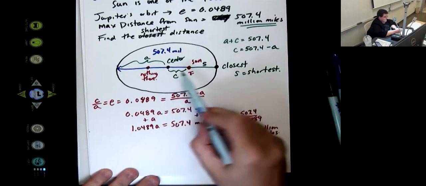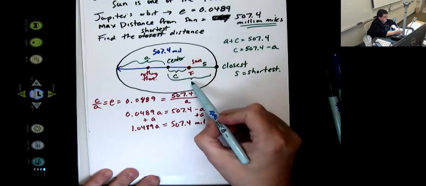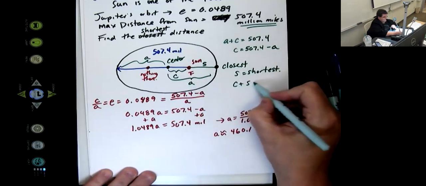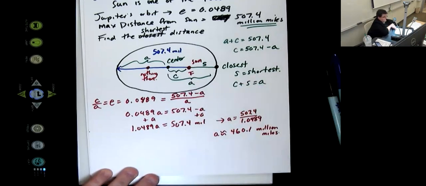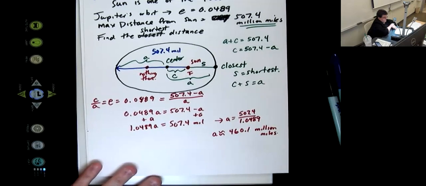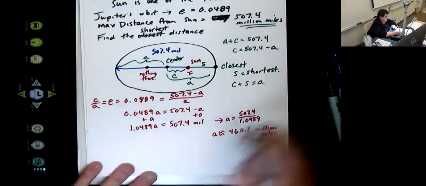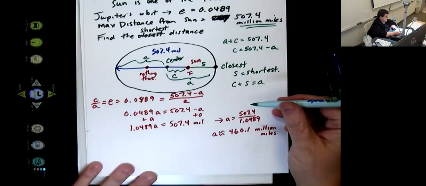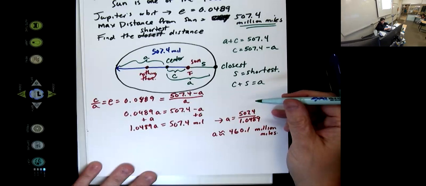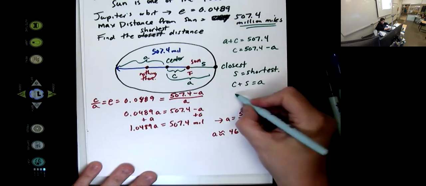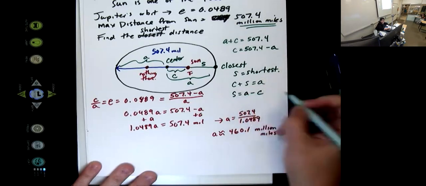I can see from my picture here that C plus S should equal A. So S is going to be A minus C, if I subtract C from both sides.